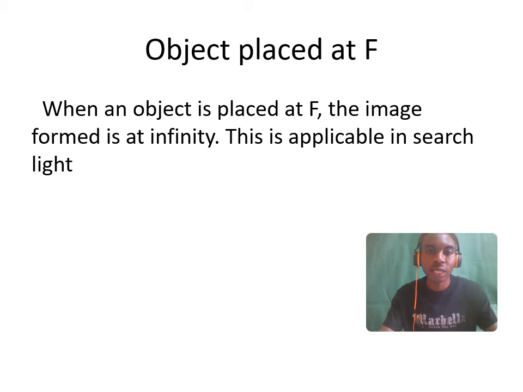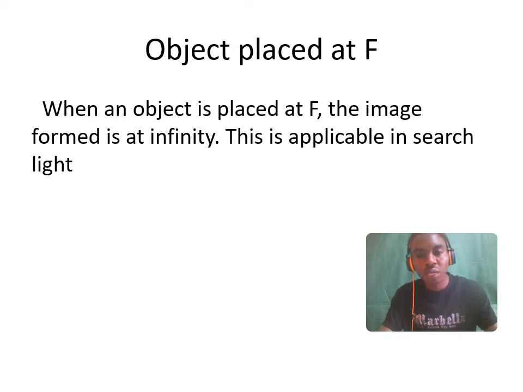Okay, here we look at an object placed at F. What happens if you place the object at F? When an object is placed at F, the image formed is at infinity. That is applicable in the searchlight.